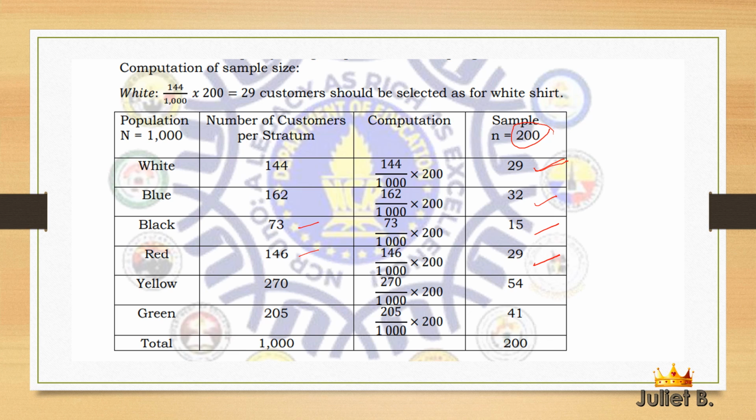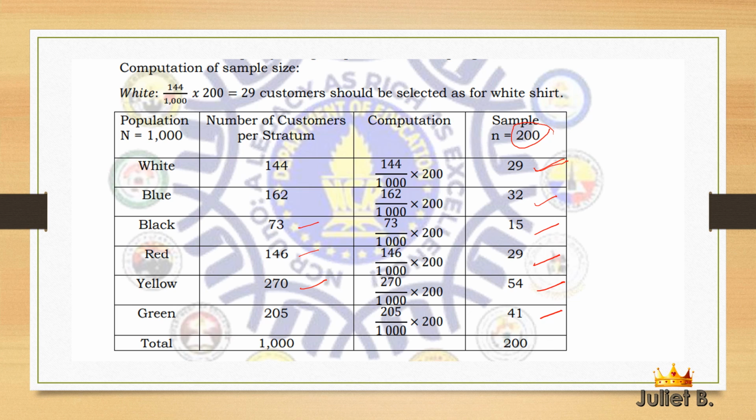270 ang taong may gusto ng yellow o customer na gusto ng yellow. 270 divided by 1,000 times 200 ay 54. Then green, there are 205 customers who prefer green, kaya 205 divided by 1,000 times 200, that is 41.